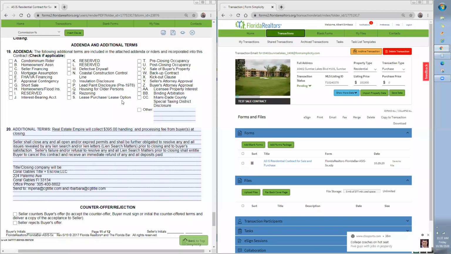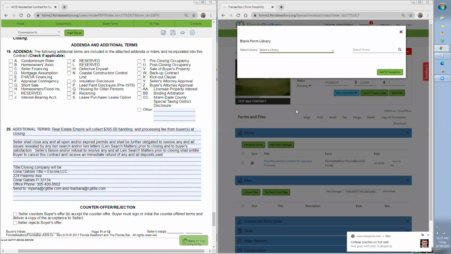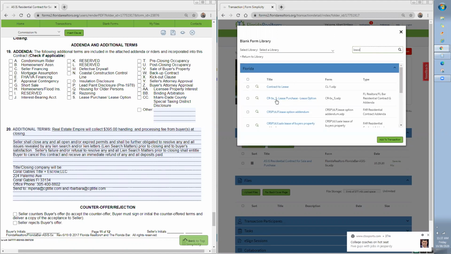Okay, lease purchase and lease option. A lot of clients are interested in maybe renting before they buy, and they will say, I'm looking to buy a place, but I want to rent it before I buy. There is an option to do that. Just put lease, and you'll see it here, lease purchase, lease option.